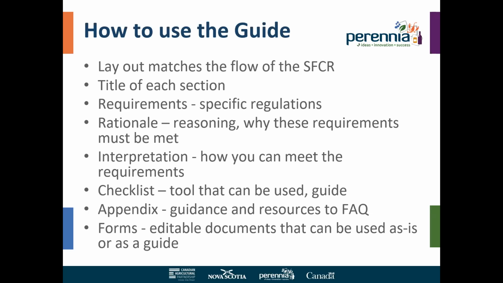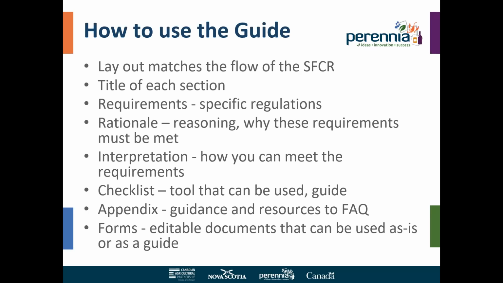So it talks about the requirements. So that's the first thing. What are the specific regulations that you must meet? Then there's a rationale under that. And the rationale is the reasoning why these requirements must be met. And then we give an interpretation. So how can you meet these requirements? There's also a little checklist that's included in the guide. And this checklist is meant to be used as a tool and a guide to ensure you are meeting those requirements.